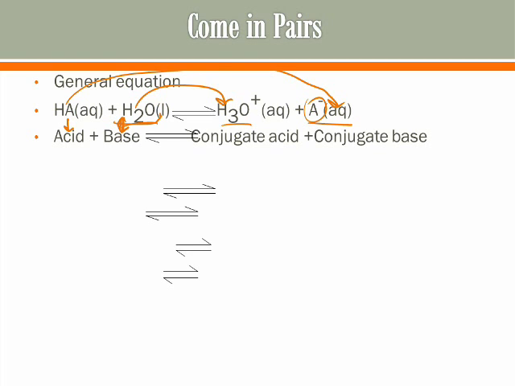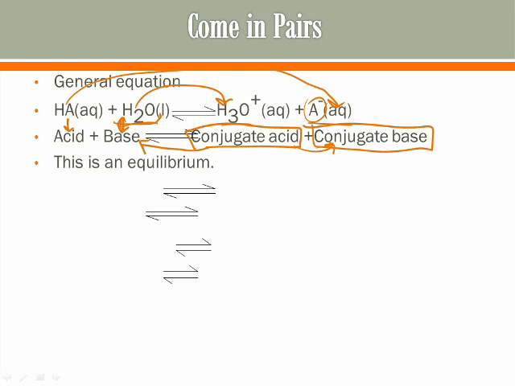Because in equilibrium, remember, it can go back the other way. So this now can give the proton back to the base. So it goes flip-flop. The acid now becomes a conjugate base. The base can become the conjugate acid, and the conjugate acid can go back to the base, and the conjugate base goes back to the acid. And it's in equilibrium. Okay, back and forth, back and forth.